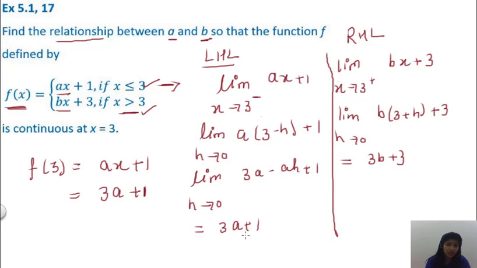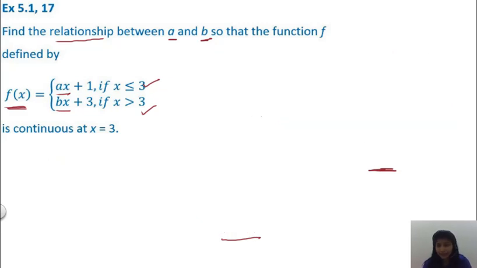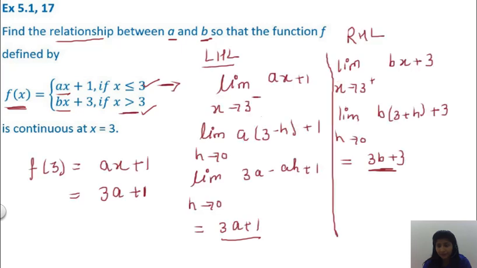As they are saying it is continuous at 3, so we are going to equate all of the three equations together. Let us do that on a separate page. So I have to equate 3a plus 1 to 3b plus 3. So we will write 3a plus 1 equal to 3b plus 3.